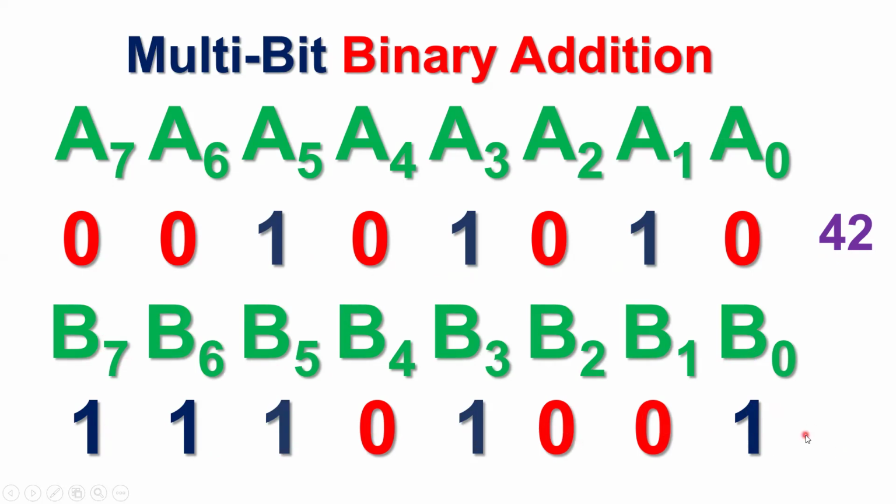In decimal, this number is 233, and we are going to add these two numbers. So we know that 233 plus 42 is equal to, in decimal, we know what the addition is. It is going to be 275. So we'll see how this addition in binary will now take place.